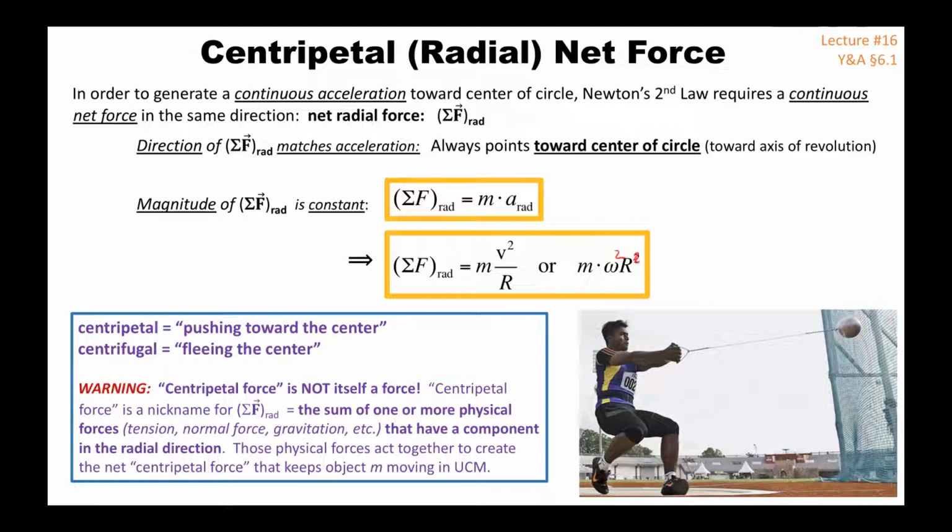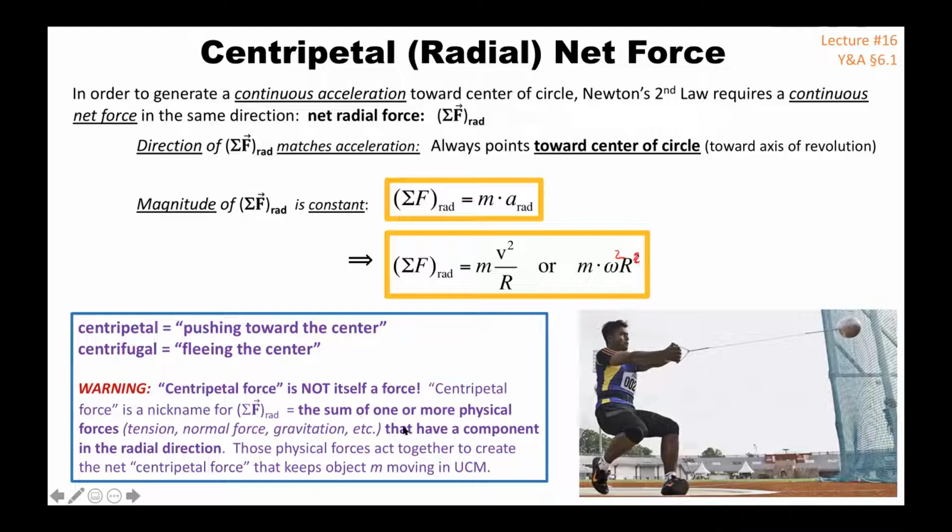Finally, one last clarifier. Our textbook is pretty careful to avoid the term centripetal force. But if you look at older books or other books, then you'll find that that term does show up. But I want to clarify what it is. It is just a nickname given to this net radial force, which is provided by real life physical forces like tension or normal force or gravity, like I was talking about a moment ago.